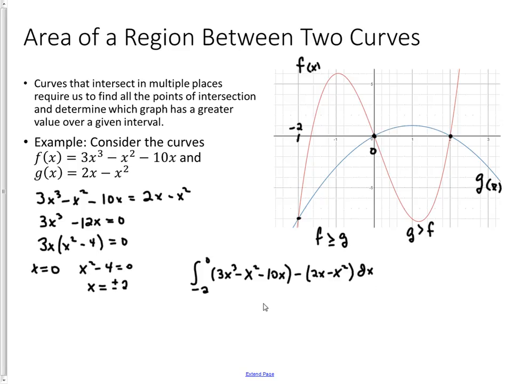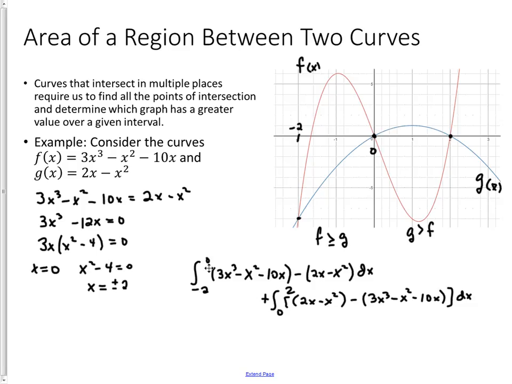And we're going to add to that our integral that goes from 0 to 2 of g of x minus f of x. So we would have 2x minus x squared minus quantity 3x cubed minus x squared minus 10x dx.